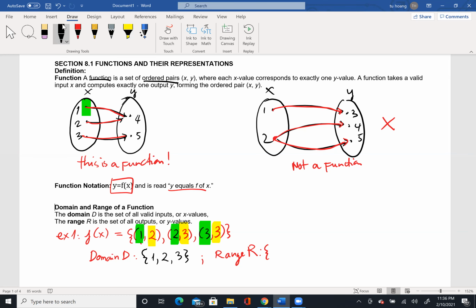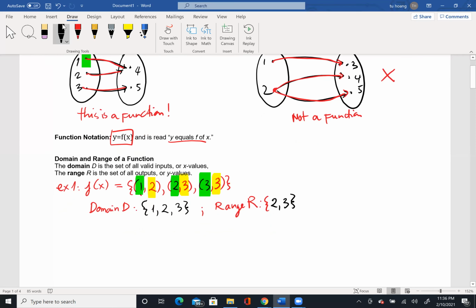Because we have two number 3s, they just have only 2 and 3. All right, so that is for the range and the domain.